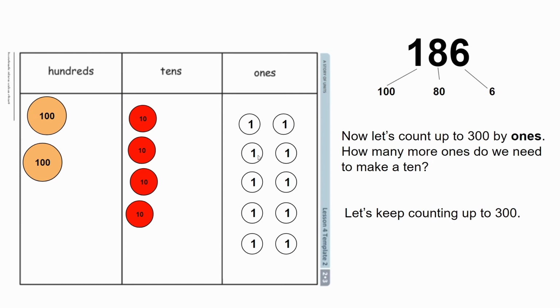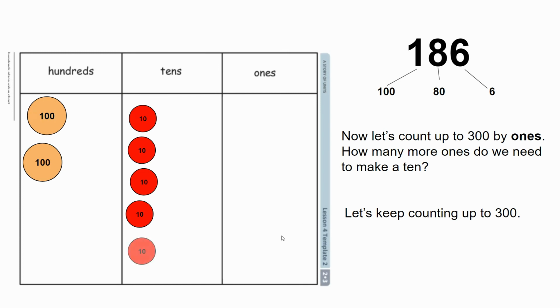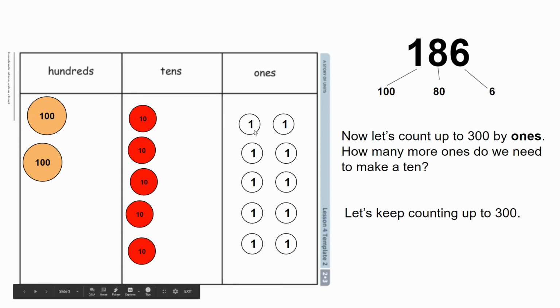241, 242, 243, 244, 245, 246, 247, 248, 249, 250. Trade it again. Whew, way to go, boys and girls. Here we go. 251, 252, 253, 254, 255, 256, 257, 258, 259, 260.